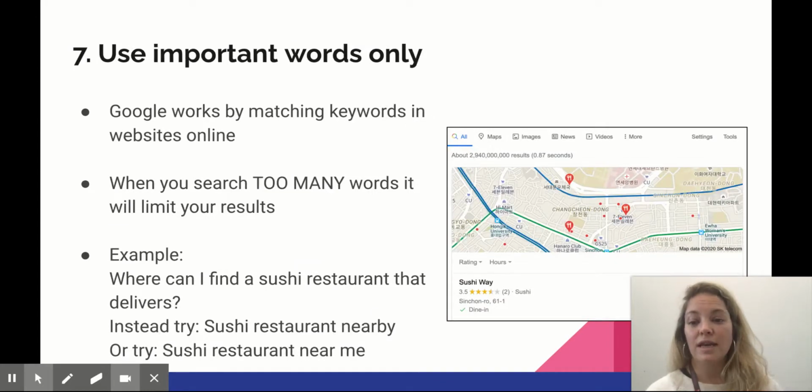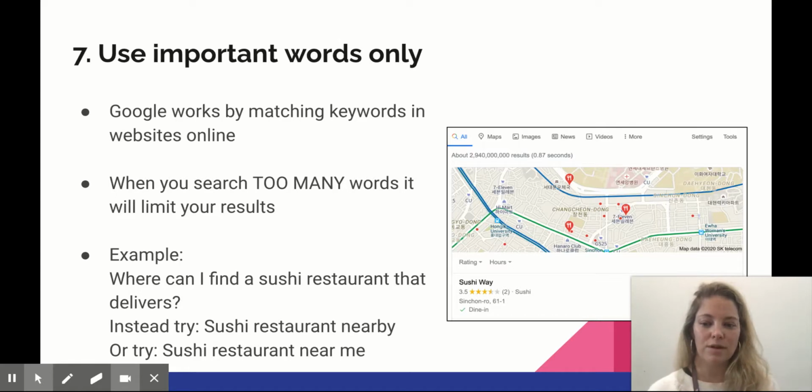The last one is using only important words. Do not ask Google a question or write a sentence. Instead, what you want to do is speak to Google in the way that it understands. Google works by matching keywords in websites, so if you search too many words, it's actually going to limit what you find.